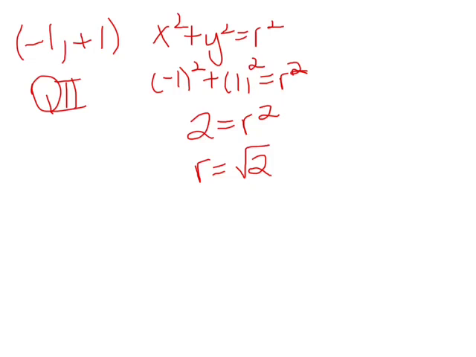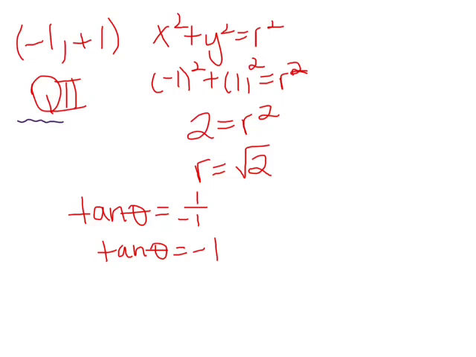Now, to find our theta value, we know that the tangent of theta needs to be y over x. So y over x would give us 1 over -1. Okay, so when is the tangent -1? Well, we know this happens 2 different times in one rotation of the unit circle. We know it happens in the second quadrant, and we know it happens in the fourth quadrant. Now, let me draw your attention back up to here.